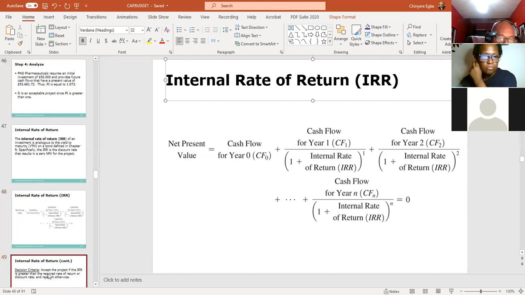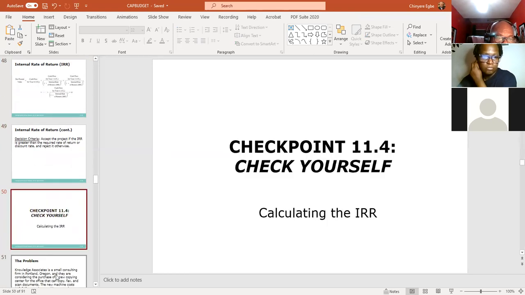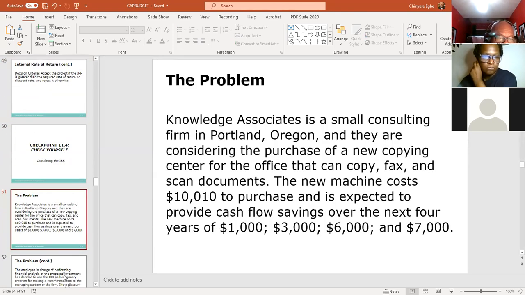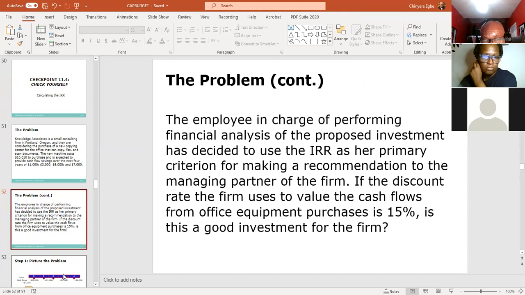And so how do you calculate the IRR? I'm going to give you an idea. Let's take a project. I'm going to pull up a project right now.